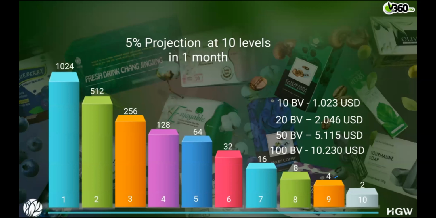Now we're going to focus on your network, your downliners, not on the 5% deduction. The 5% deduction is different for everyone, because maybe you don't make profits during the month, maybe a little, maybe a lot.